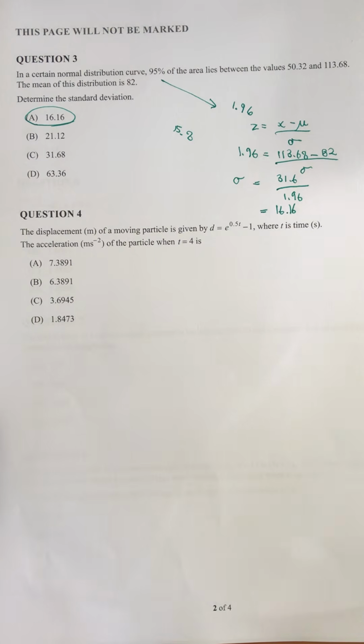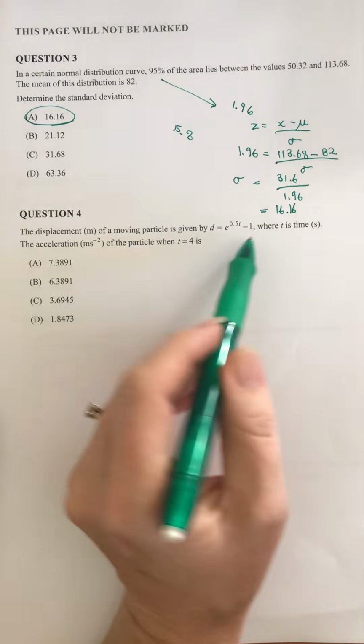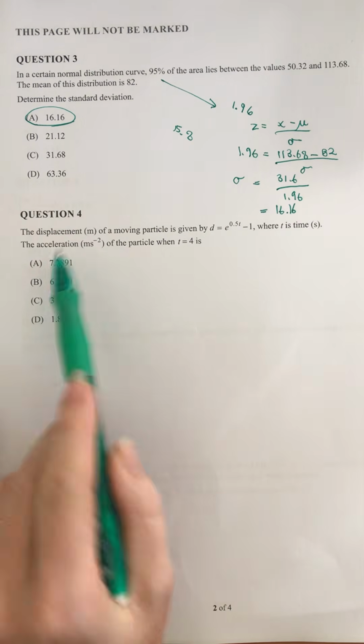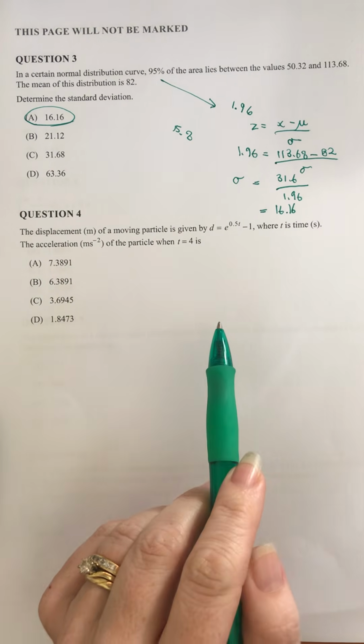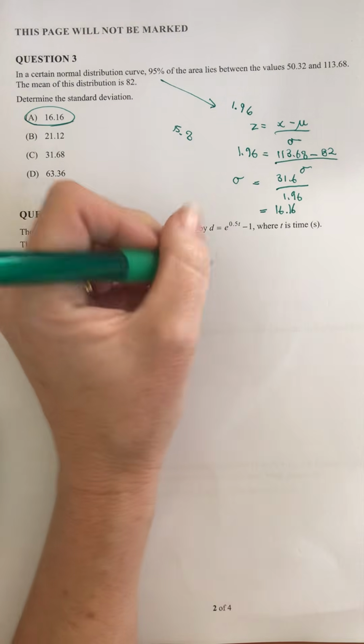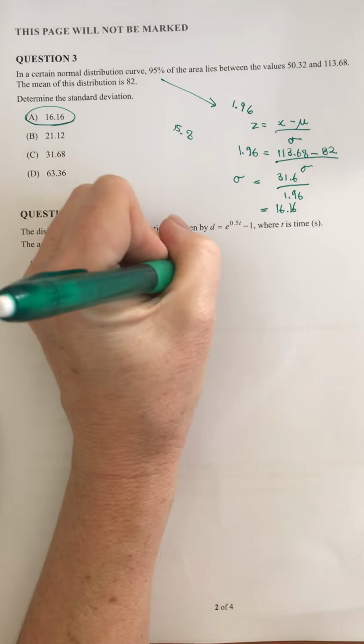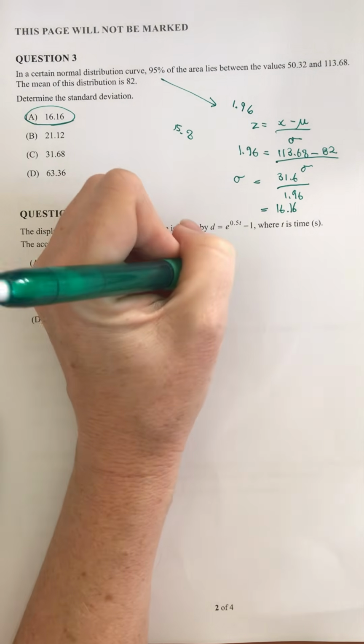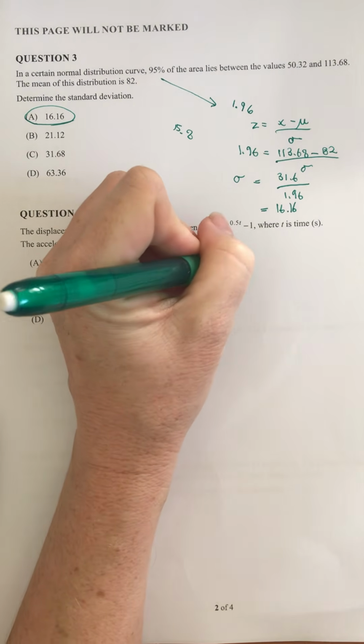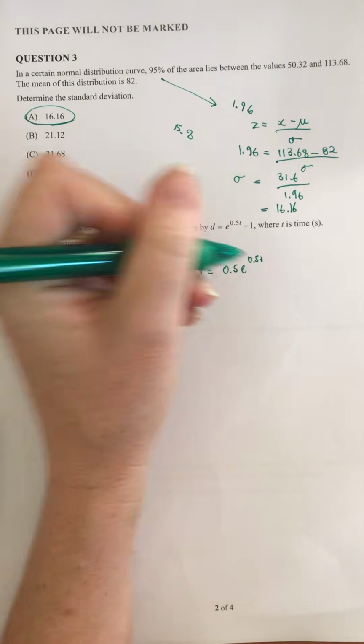Okay, question 4. We have been given the displacement and we want to know about the acceleration. Now it's a fairly easy equation, so we can just do that. If our displacement is e to the 0.5t minus 1, then our velocity is going to be equal to 0.5 e to the 0.5t.